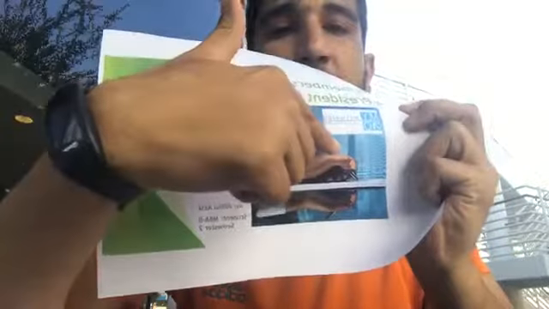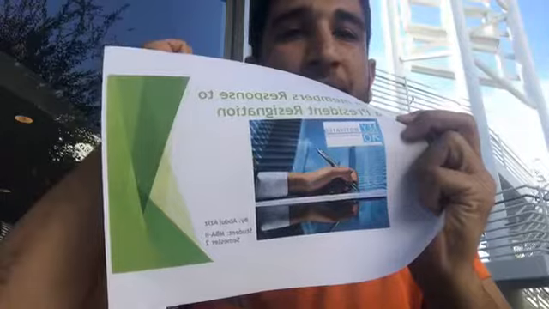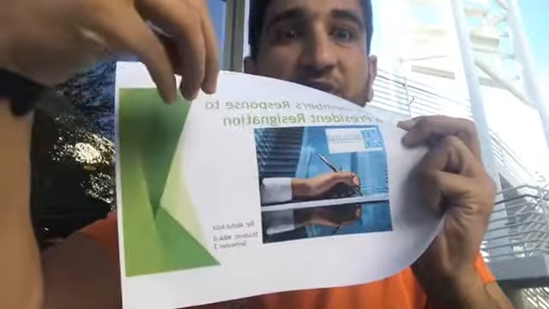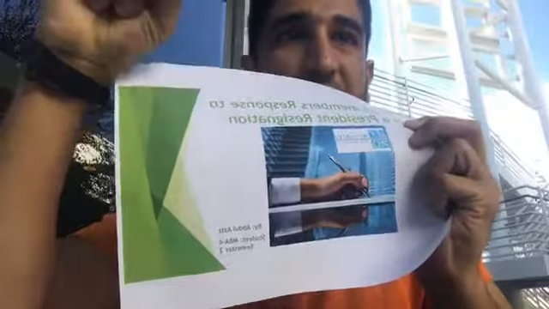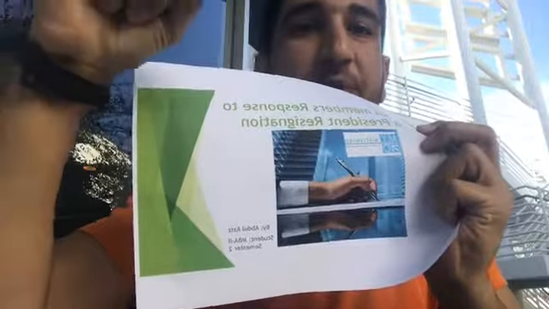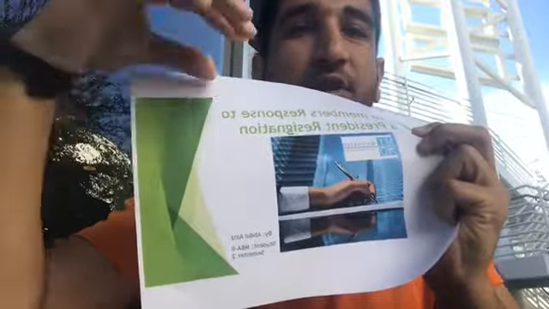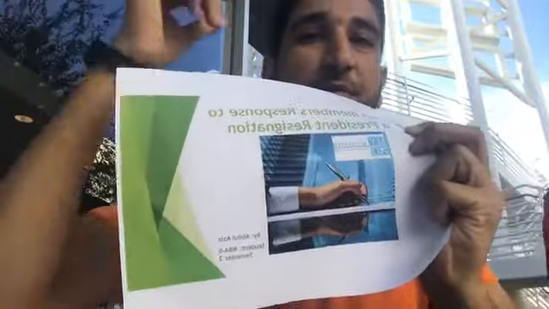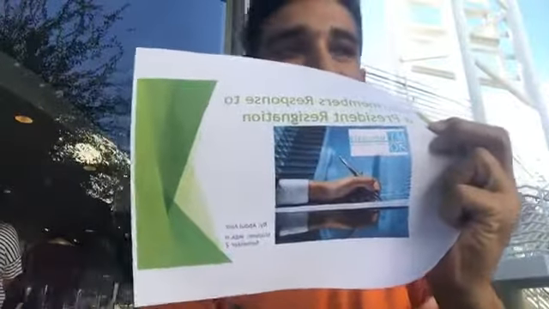So this is the whole title, this is my name, and this is the image. So these three different things. Imagine if I start with these colorful things in my presentation, it will put a great impact on the people. So be careful with this and have a great start to your presentation with these kinds of things.